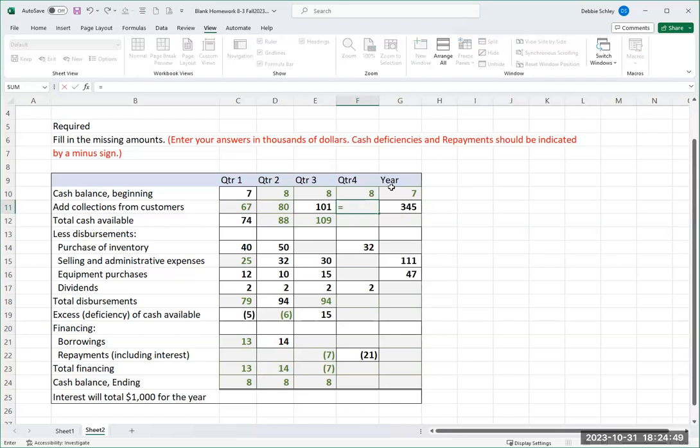And so I can take the year balance and subtract Q1, Q2, and Q3. And what's left over has to be Q4. And then I can add those. So add those two together and I get my Q4 total cash available.